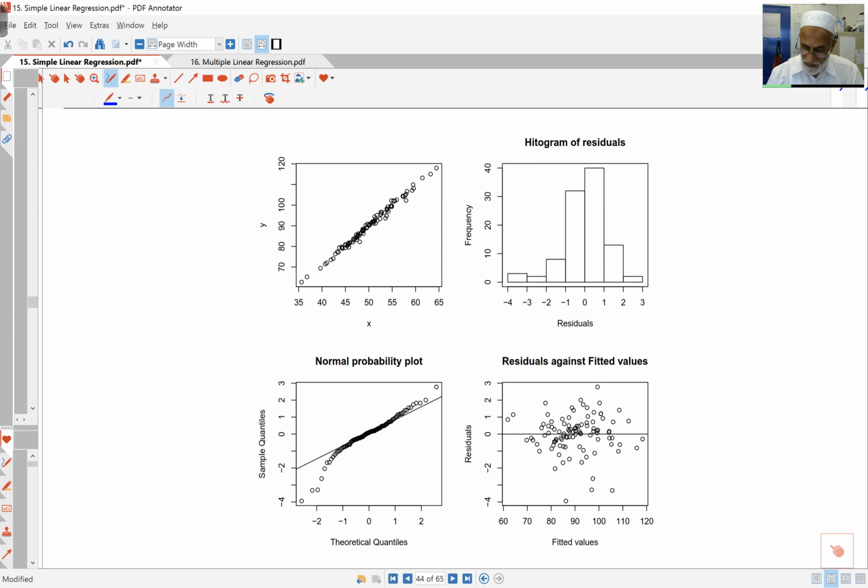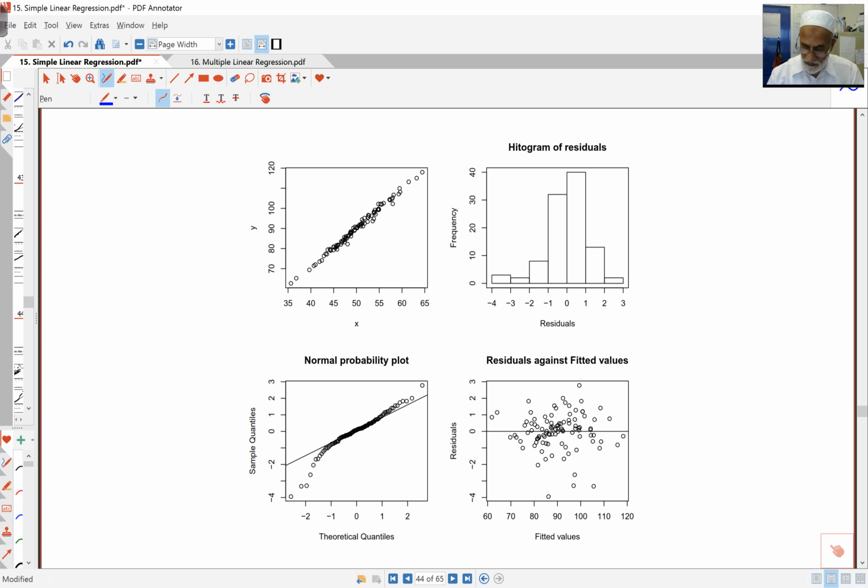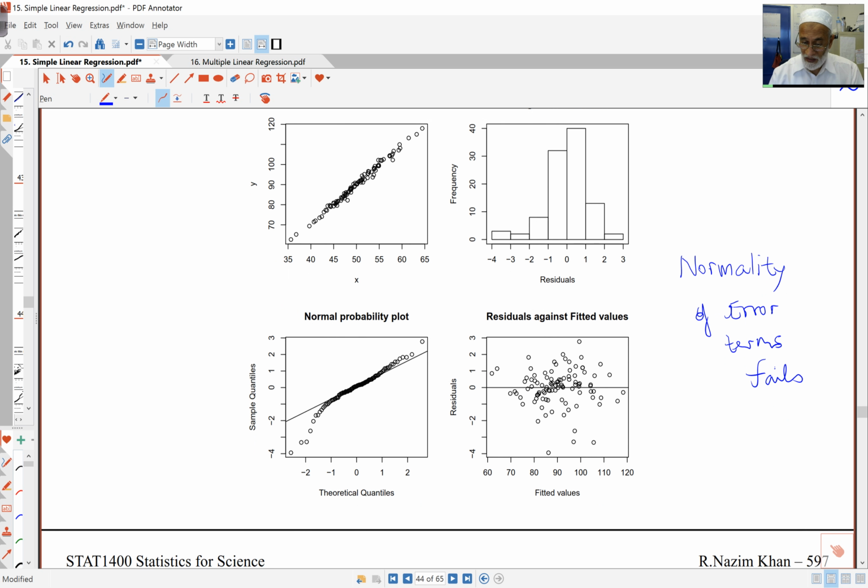So here the problem is that the normality assumption fails. It doesn't look as if the observed values are normal in this case. And again, how do we fix that?